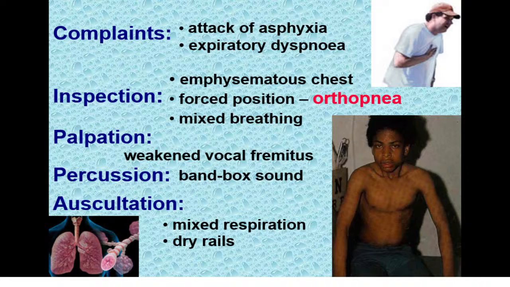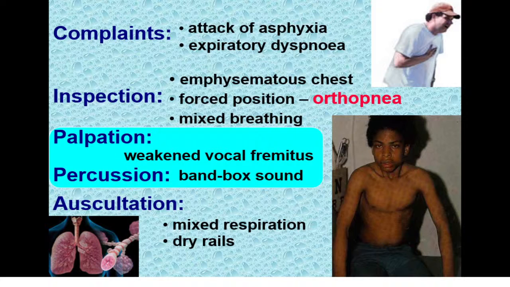Sometimes it may be heard at a distance, which is characteristic for attacks of bronchial asthma. Palpation and percussion findings are characteristic for the complication, emphysematous chest. In the initial stage of bronchial asthma, palpation, percussion and shape of chest may be normal. And only during attacks of bronchial asthma can we hear dry rales.